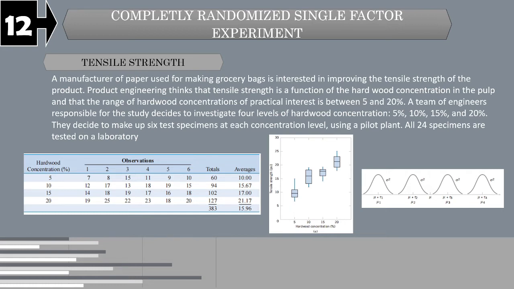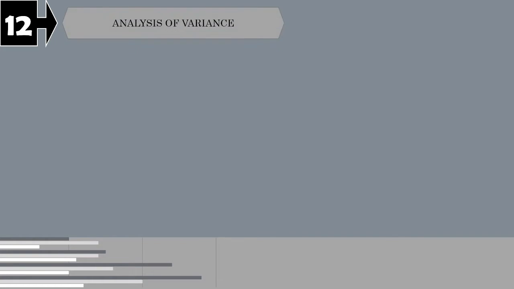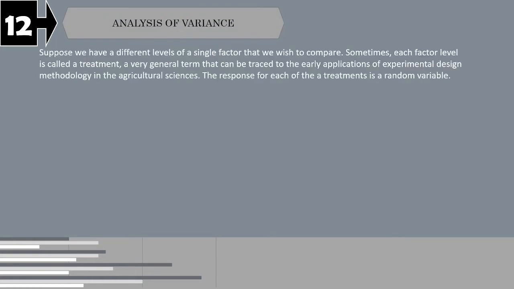Yung sigma square, lahat yan is iba. At ngayon, para masolve naman kailangan natin i-evaluate ito para makasigurado kung ano ang magkakaiba na data. At magagamit natin dito sa next subtopic, which are analysis of variance.